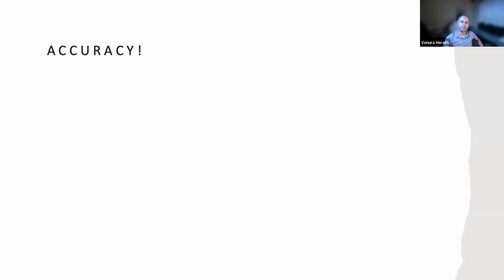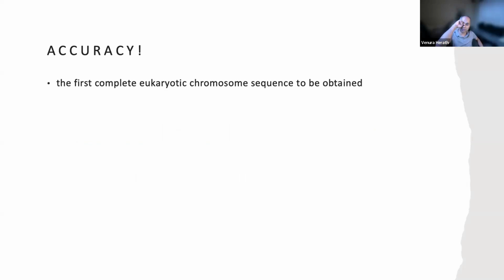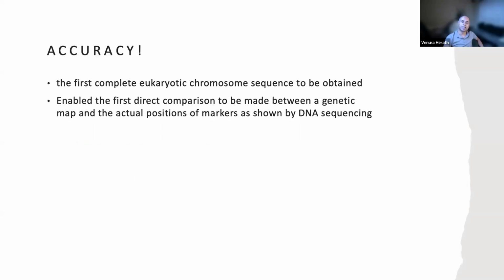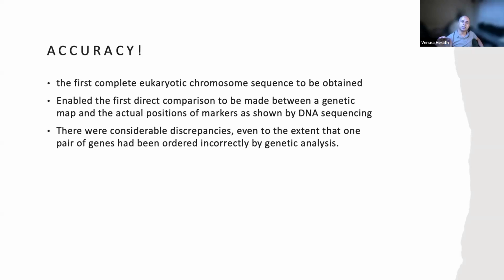And don't forget that it is the first eukaryotic chromosome to be sequenced, and it helped us to do a direct comparison between the genetic map and the positions of markers as shown by the DNA sequencing. And there were considerable discrepancies. One pair of genes was completely ordered incorrectly by the genetic analysis.